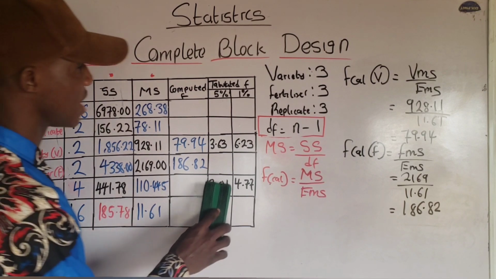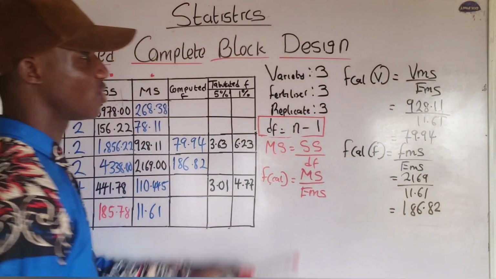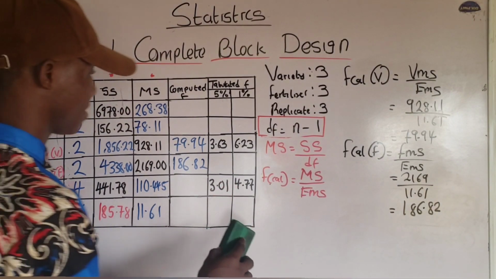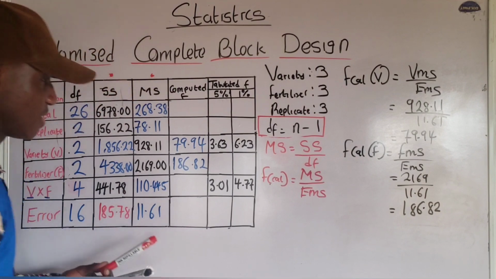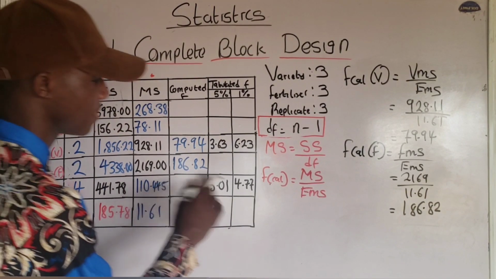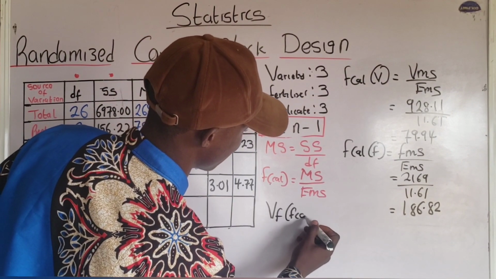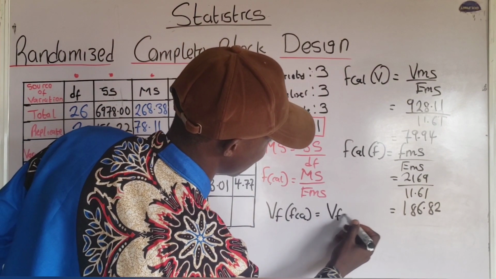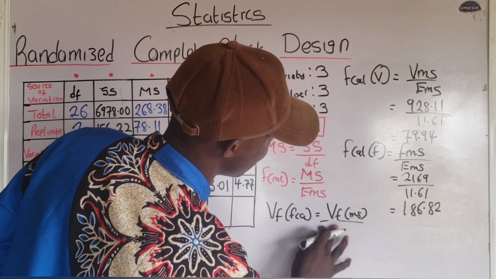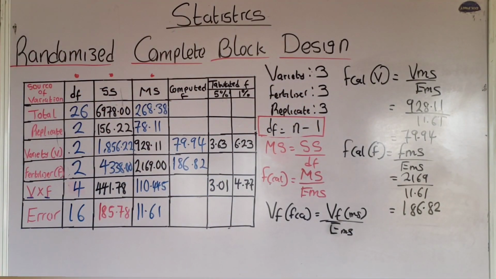The reason is because we are given the critical value at 5% and 1% respectively. I'm very sure you are done with this. Variety fertilizer FK is equal to variety fertilizer mean squared all over error mean squared.